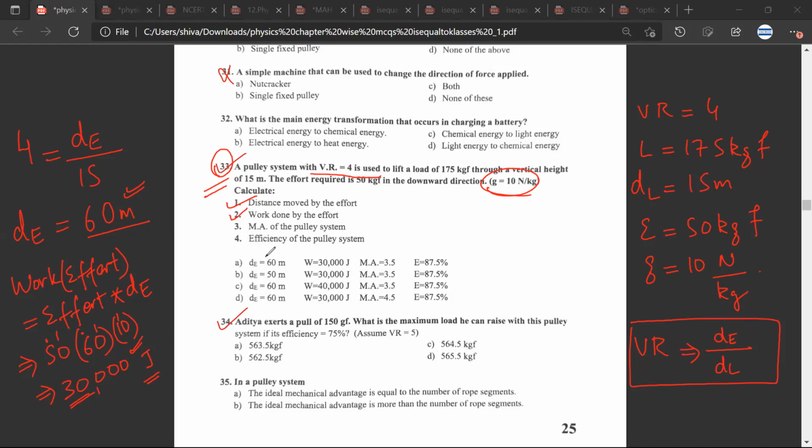So then we have MA of the pulley system. So we can find MA by the formula load upon effort. So load is given, 175 upon 50. MA is equal to 175 load upon effort.